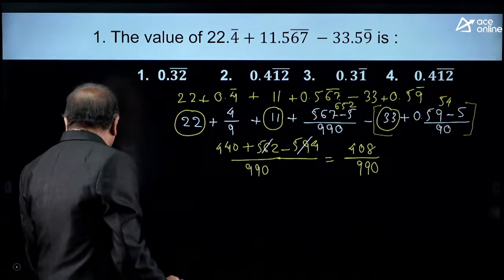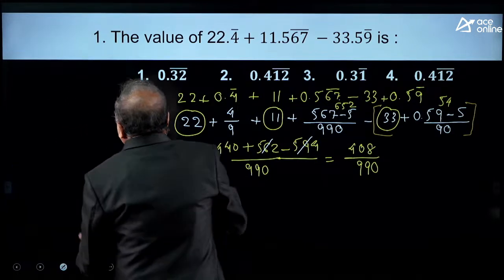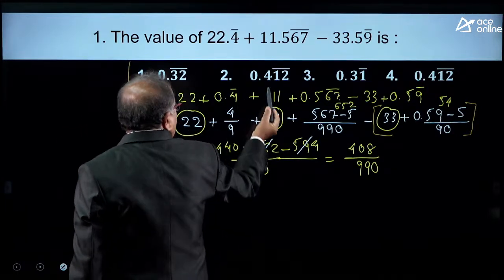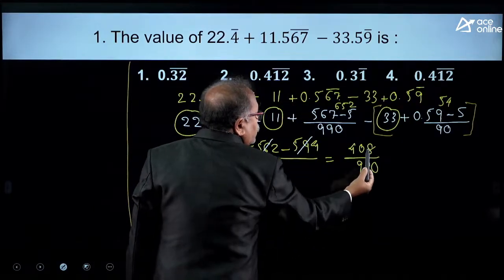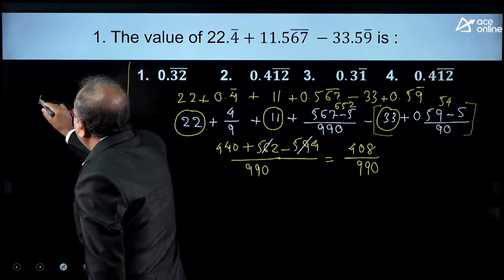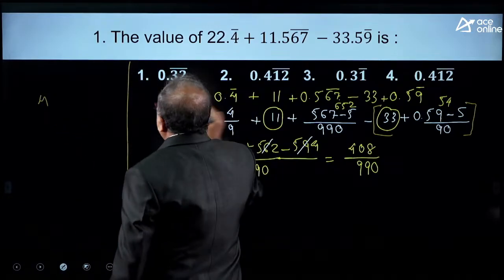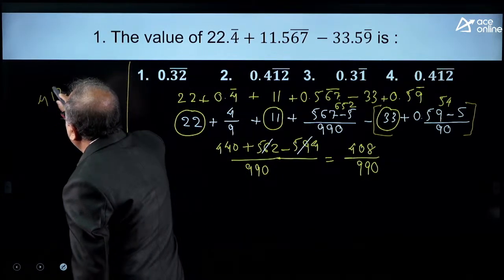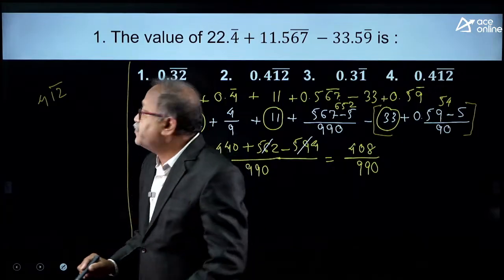So what we do over here, look at this one. This is a rough work. As 412 is there, look at this one, what happens: 408. So if I take 412 over here, with the bar, convert this into fraction.